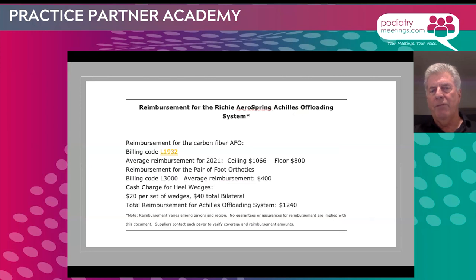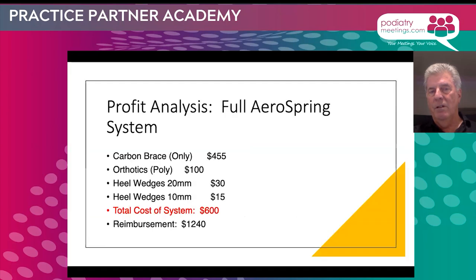The reimbursement for the system, as I just showed you, if the foot orthotics are covered under a private insurance, you can get a total reimbursement of up to $1,200. If you aren't reimbursed for the foot orthotics, you can still get a reimbursement that's handsome enough to offset the cost of the system, which is $600.